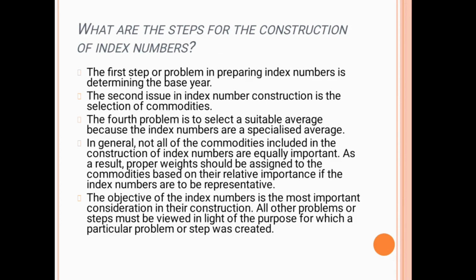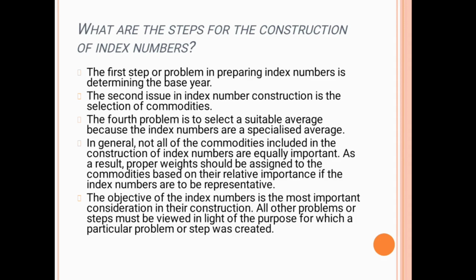So what are the steps for construction of index numbers? The first step or problem in preparing an index number is determining the base year. The second issue is the selection of the commodity. The fourth problem is to select a suitable average, because index numbers are a specialized average. In general, not all of the commodities included in the construction of index numbers are equally important.